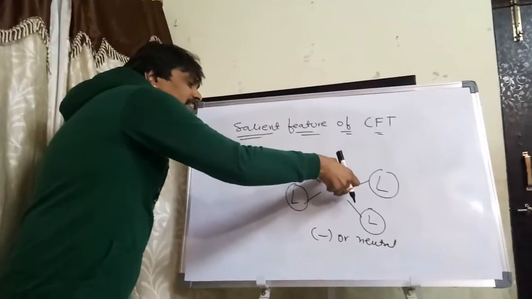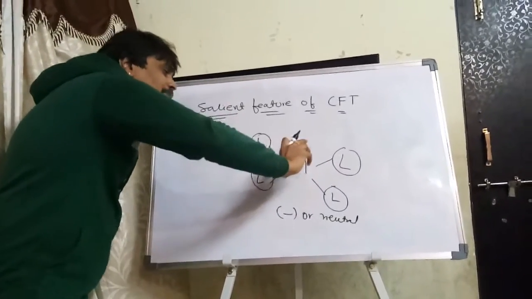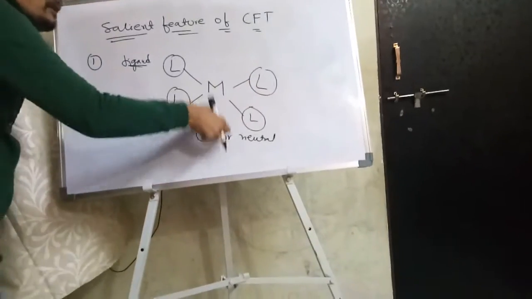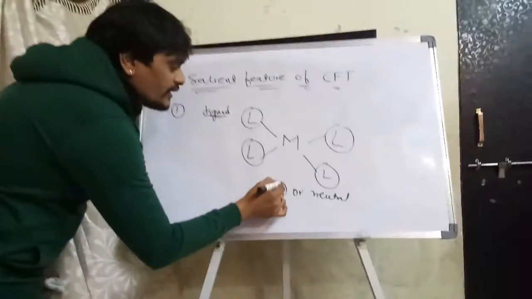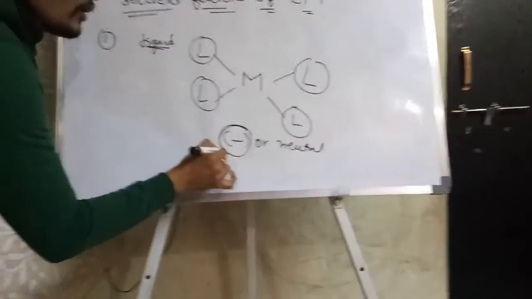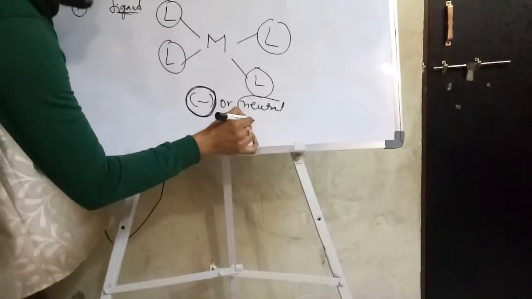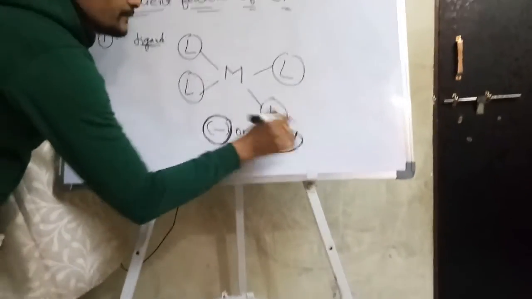Negative means what? Excess electrons are present on the ligand. Neutral means what? A non-bonding pair of electrons is present in the ligand.